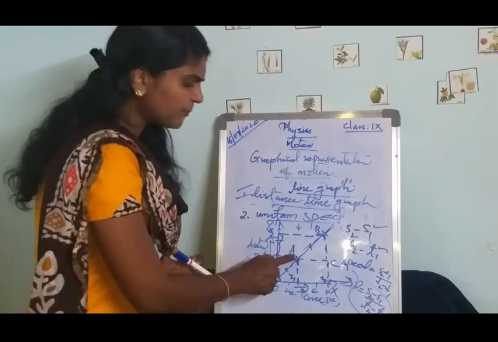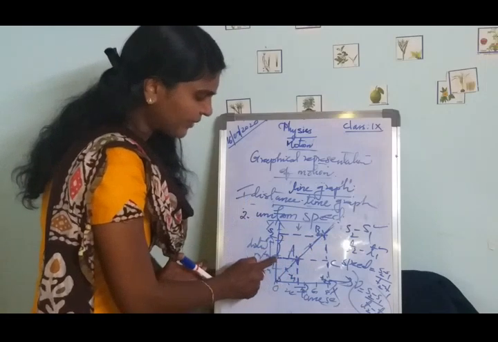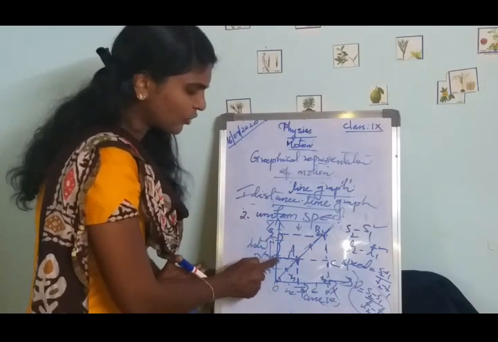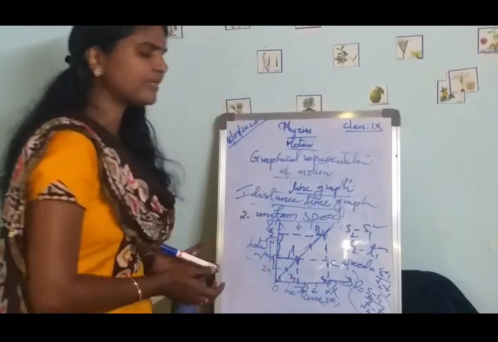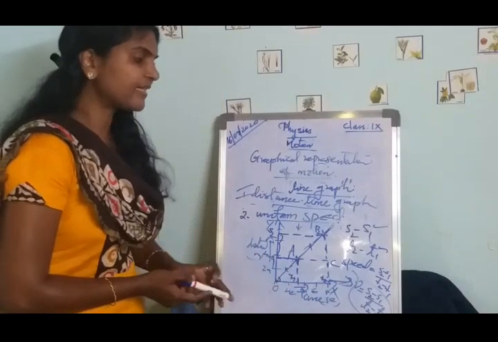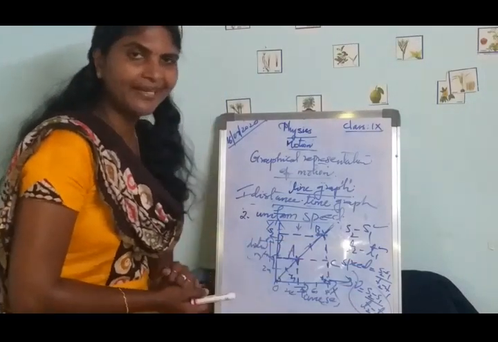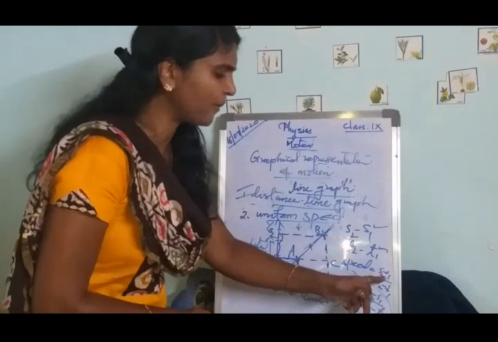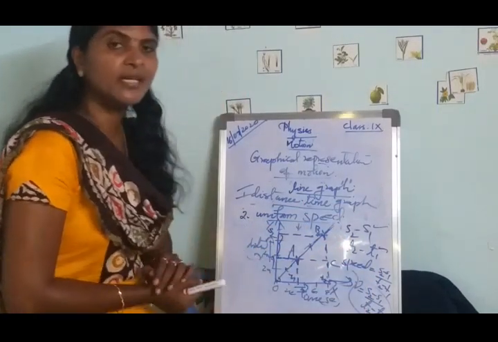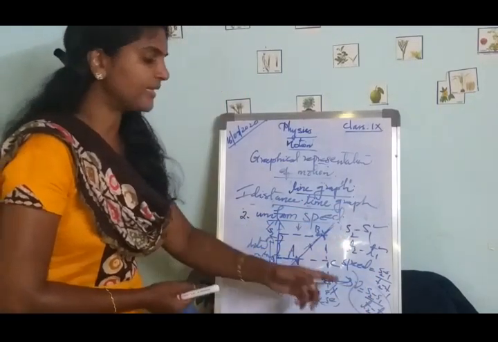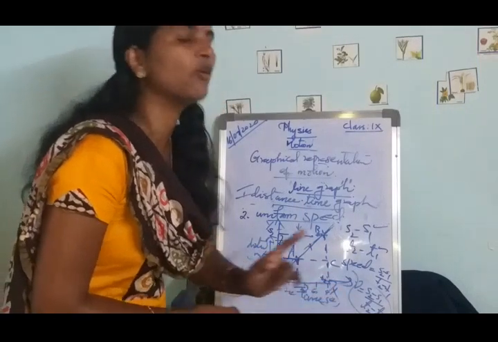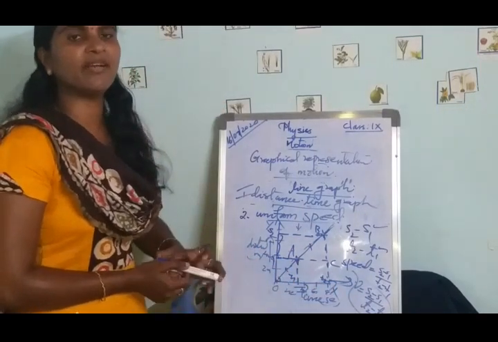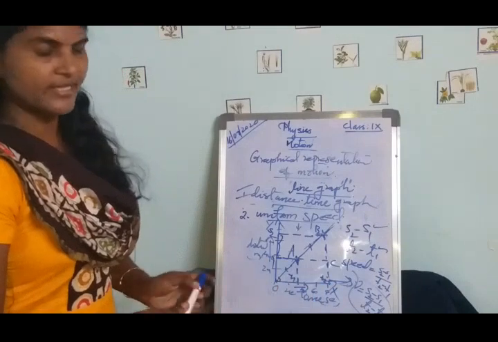Then when the object moves from A to B, it covers the distance of S2 minus S1 during the time interval T2 minus T1. So we can represent the speed as distance divided by time. Here the distance is S2 minus S1 and the time interval is T2 minus T1, so V is equal to S2 minus S1 divided by T2 minus T1.